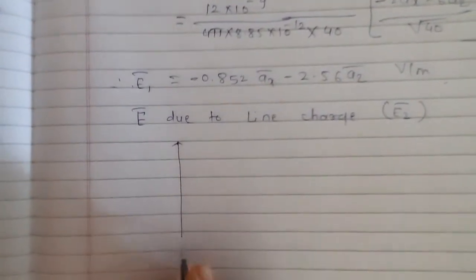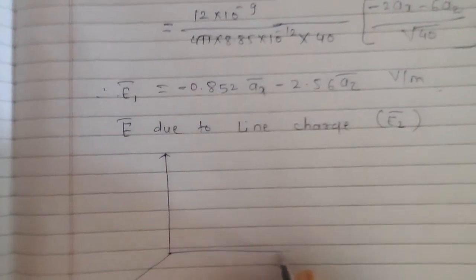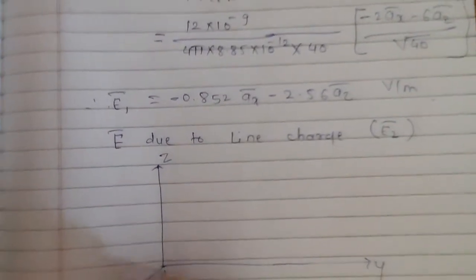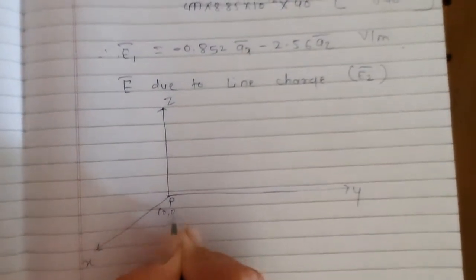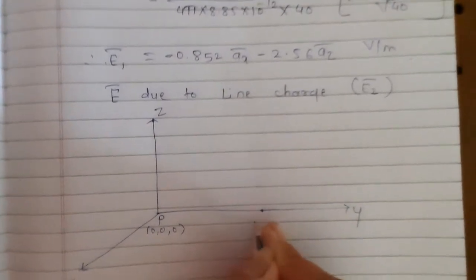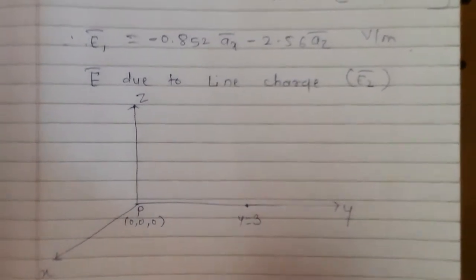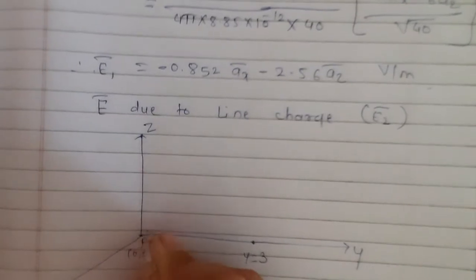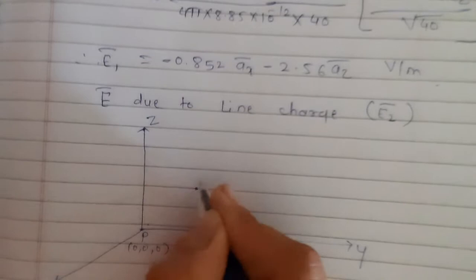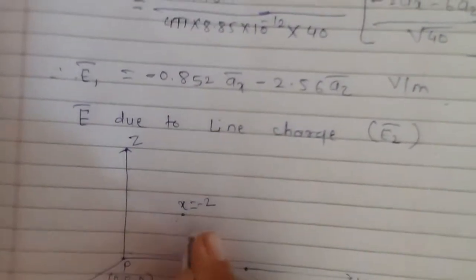So this is X, this one is Y, and this is Z. This is the point of origin 0, 0, 0. Here it is Y equal to 3 and here it is X equal to minus 2. It is given in the problem.